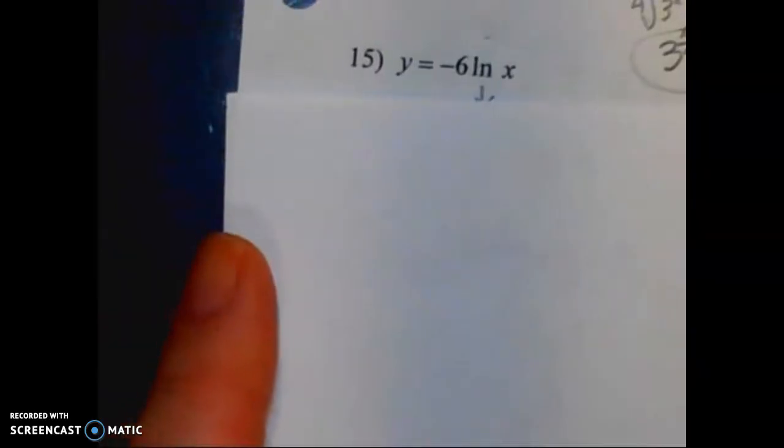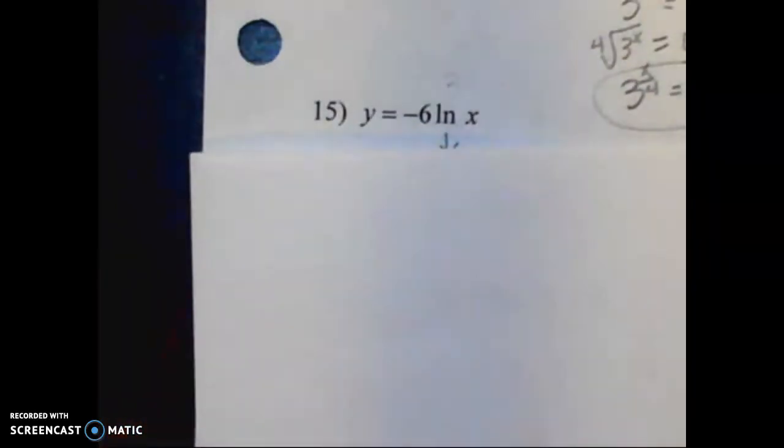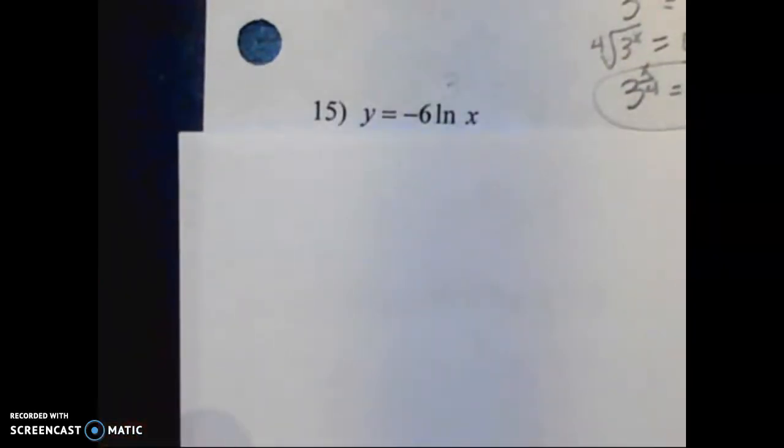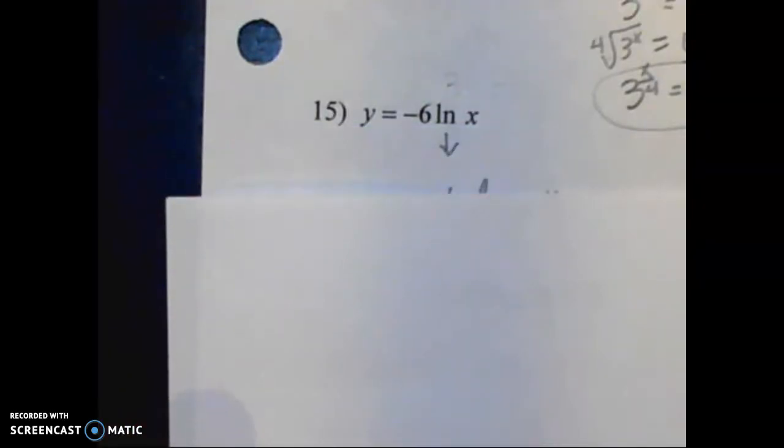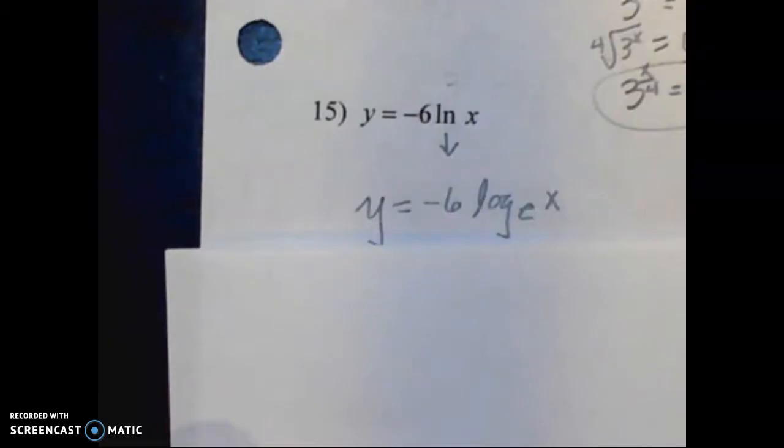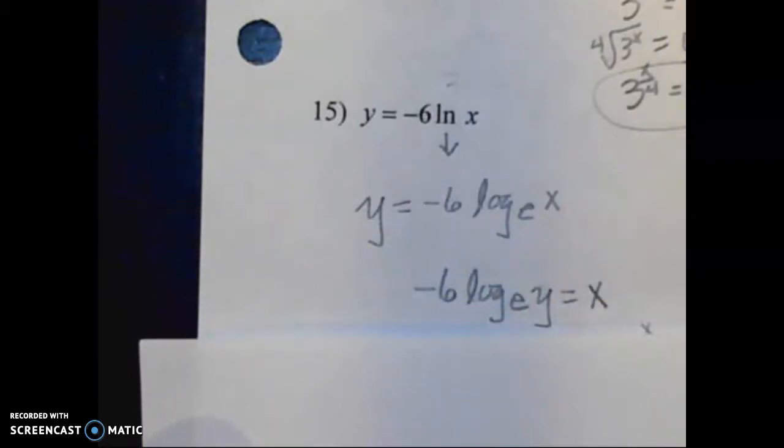Sometimes when you're doing these, you'll see this natural log. That can get a little tricky, so I like to use log sub e. So the first thing I'm going to do is replace that natural log with log e. It's the same thing, but it's just going to make our lives a little bit easier. Let x be y and y be x, and put the x over on the right side.